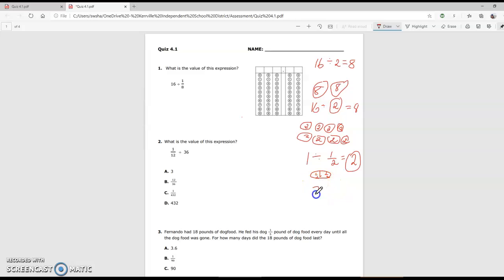If you have 2 wholes, how many 1/2 could you have in 2 of them? It would be 4, right? Because you have 2 halves in one whole, and you have another whole which gives you another 2 halves. So you would have 4 halves in 2 wholes.